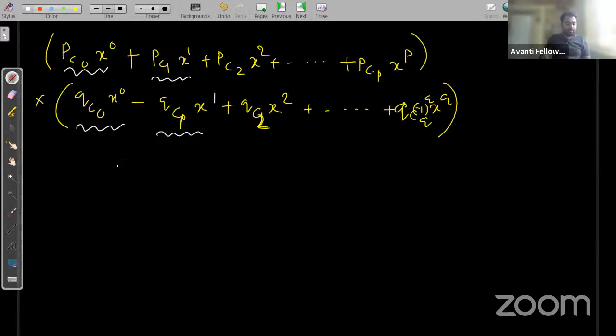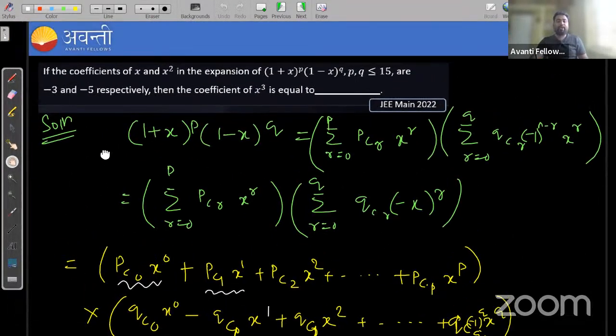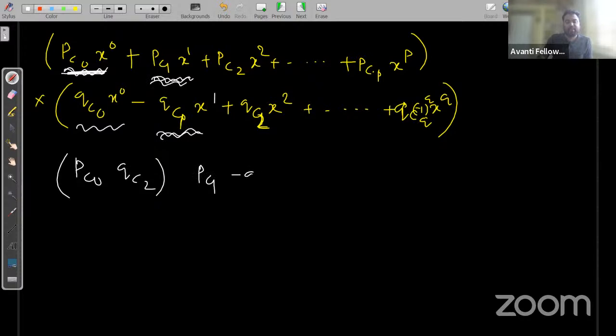We can multiply terms so that the powers add up to x cube. x to the power 0 into x square, that is pC0 into qC2. Then x to the power 1 into x to the power 2, and x to the power 2 into x to the power 1, the latter being pC2 into minus qC1.